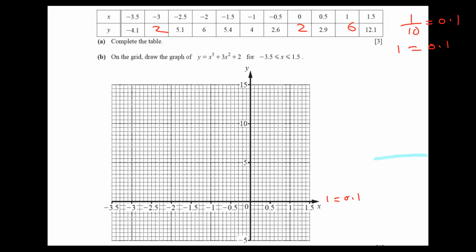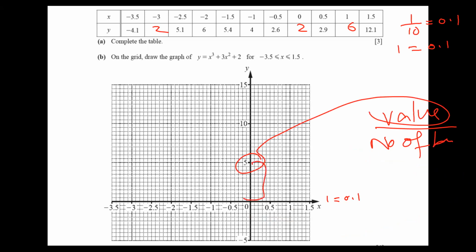So let's go for the next part, the y-axis. The next point is value divided by the number of boxes. 5 is the value and the number of boxes is 10. So 5 by 10, I got 0.5. It means 1 box is equal to 0.5.